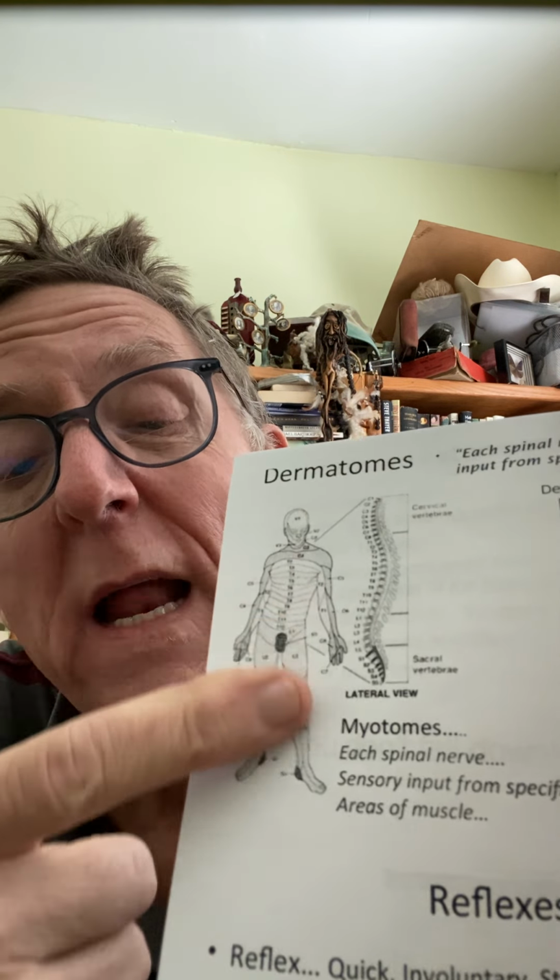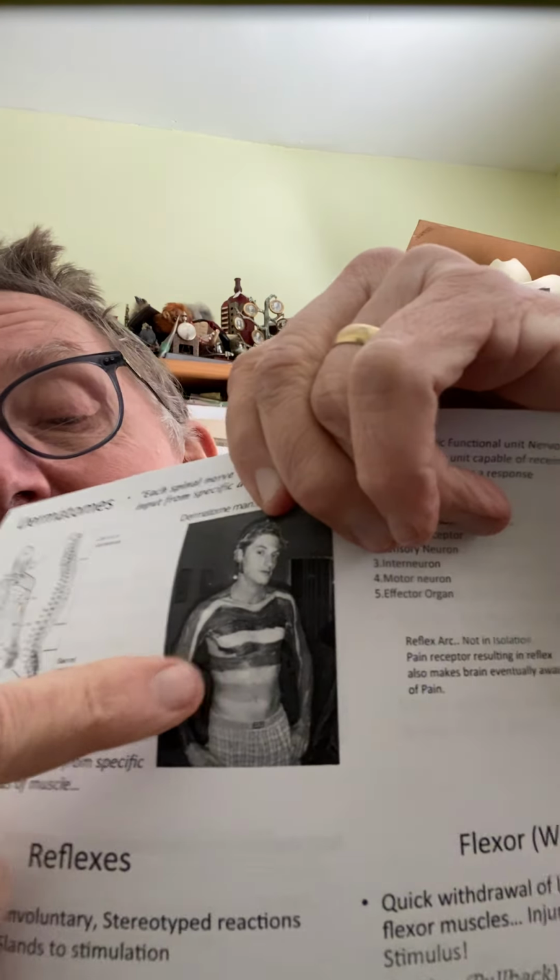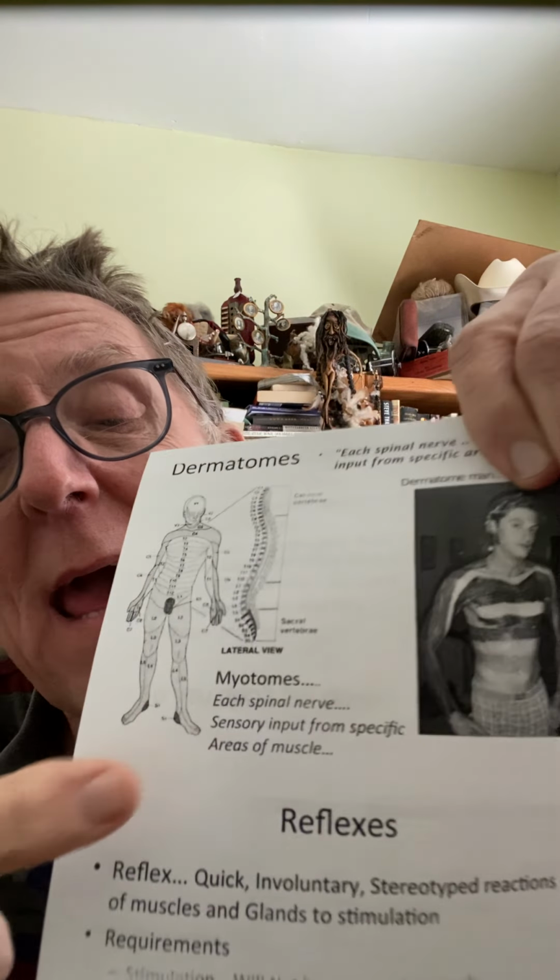This is what he was trying to depict, and these are called dermatomes or myotomes. Derma meaning skin, myo meaning muscles, and it's all kind of the same. It's just these spinal nerves that are coming out or feeding information in to your spinal cord from your body in layers.